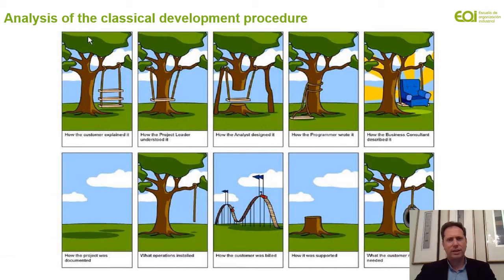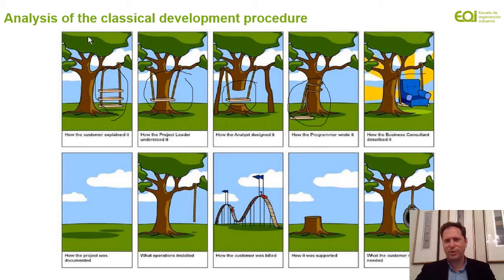And what happens if you try to apply what we were speaking about before, the cascade method, to deploy software in a company? Well, what usually happens is that you find the customer at the very beginning wasn't explaining very well what he wanted, that the project leader didn't understand, that the analyst didn't write it exactly as the customer wanted, that the programmer wrote it in a different way.